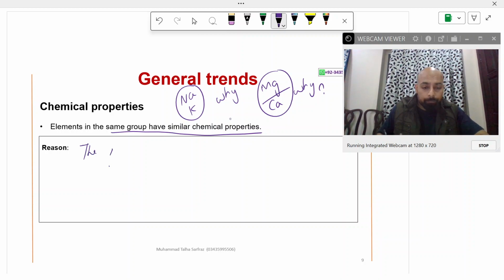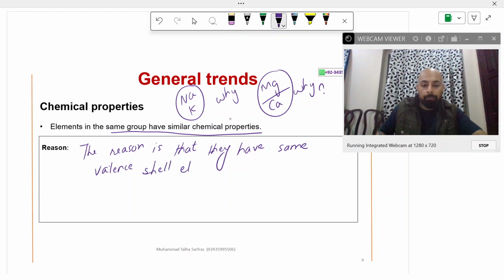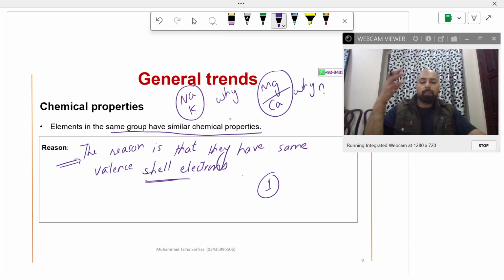The reason is that they have same valence shell electrons. उनके दरमियान valence shell electrons जो होते हैं बेटे वो सेम होते हैं. ठीक है, and this is the only reason they possess same chemical properties. कैम्ब्रिज में ये 1 मार्क का क्वेश्चन आपको आएगा पेपर के अंदर. वो आपको एग्जामिनर क्वेश्चन करेगा कि टेल अस व्हाई डू दे हैव सेम केमिकल प्रॉपर्टीज, दे बिलोंग टू सेम ग्रुप. सो इट शुड बी वेरी क्लियर टू एवरीवन, राइट.